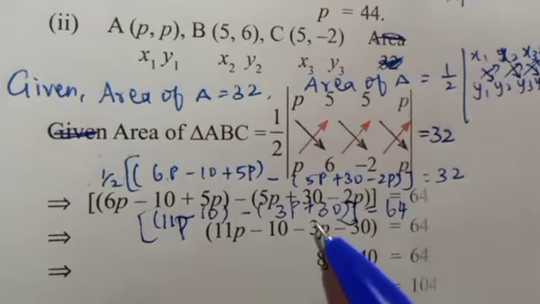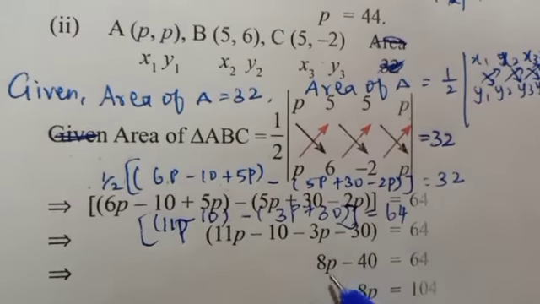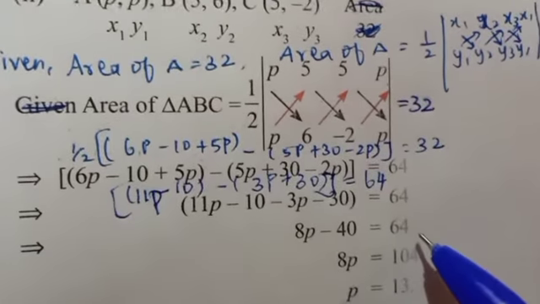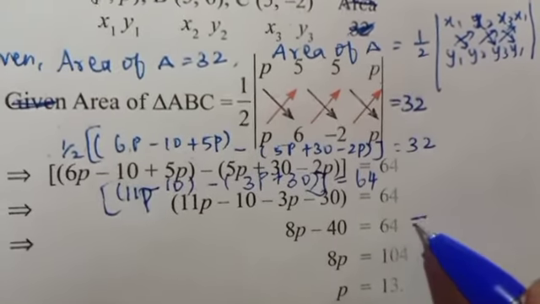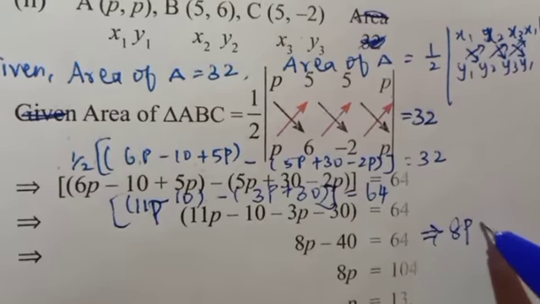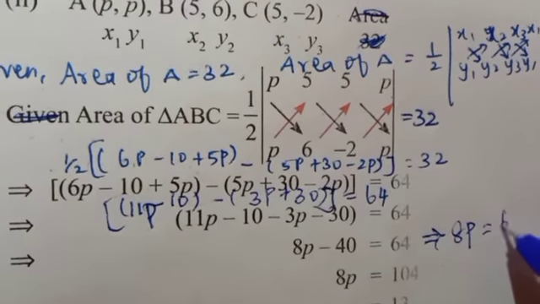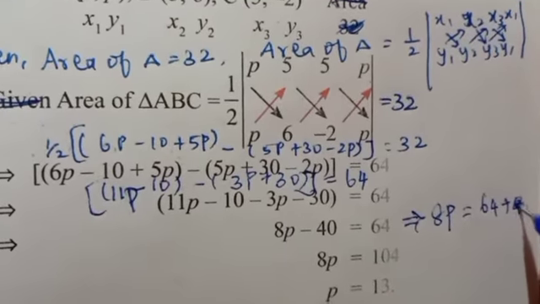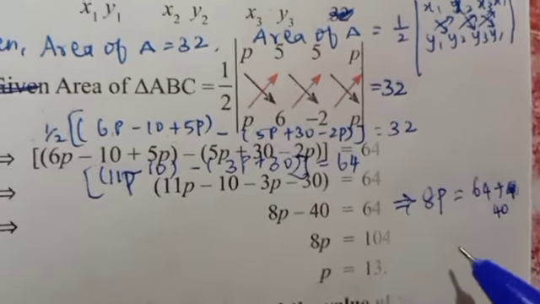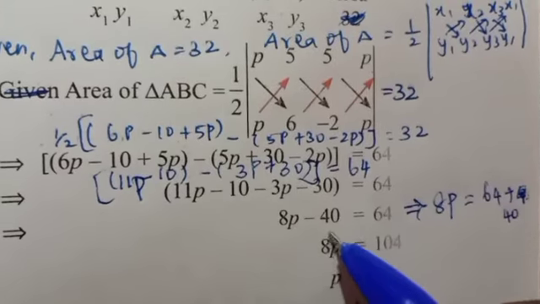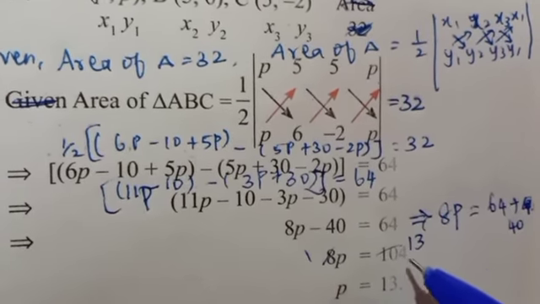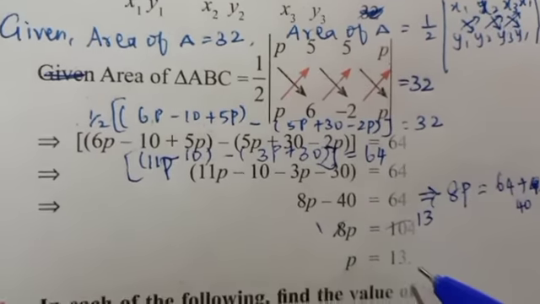Again simplify: these two have different signs, 11 minus 3 is 8p, and same sign for these two, so minus 40 is equal to 64. This implies 8p is equal to 64 plus 40, which is 104. So 104 divided by 8 is 13, since 3 eights are 24. P is equal to 13.